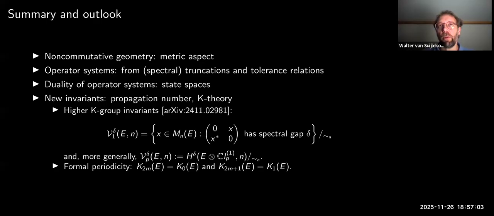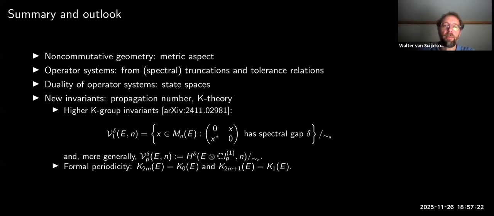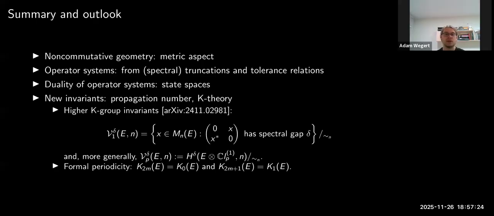So the state space you're trying to describe will change, so the metric will change, but that's still waiting to be developed. So not only taking the spectral truncation, but also some modifications coming from, for example, interactions with these quantum fields? For instance, yeah, exactly. I see. Okay, thank you very much.